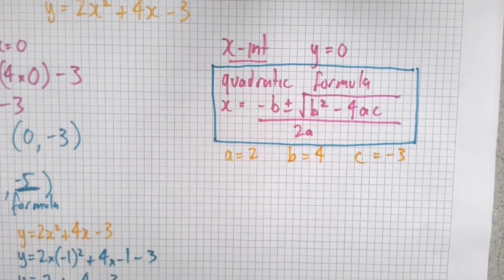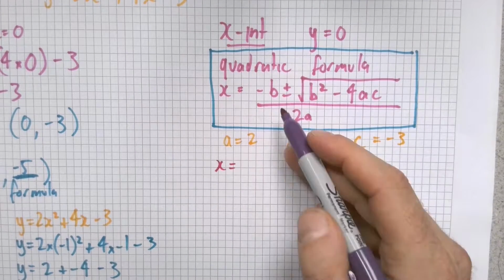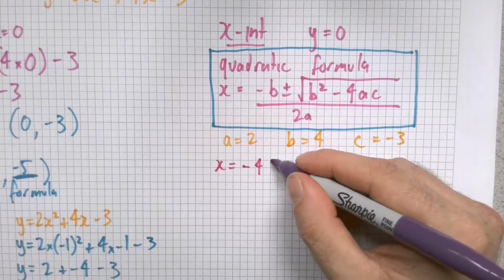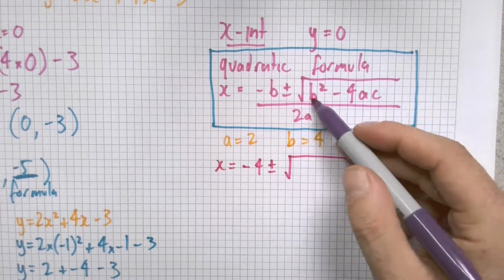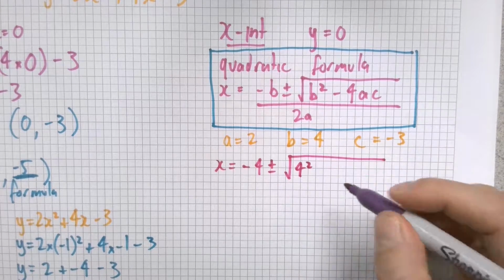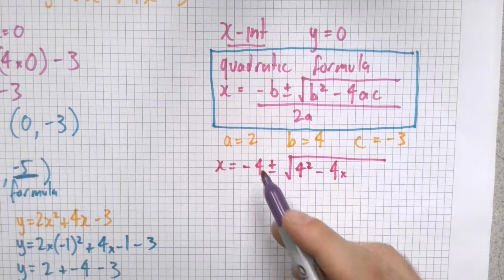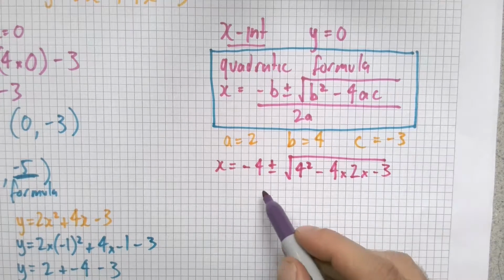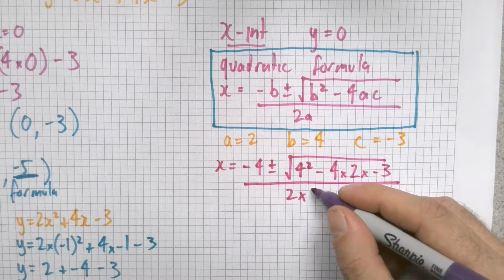So I'm going to rewrite that. So x is equal to minus b, so that's actually minus 4 plus or minus the square root of b squared, so 4 squared, take 4 times a, which is 2, times c, which is minus 3, all over 2 times a, which is 2.